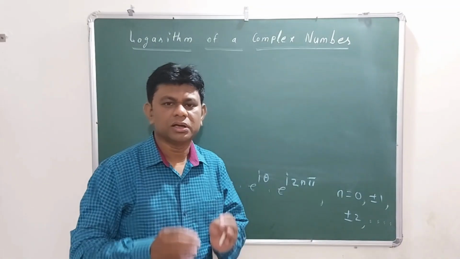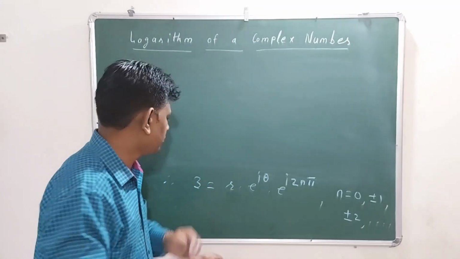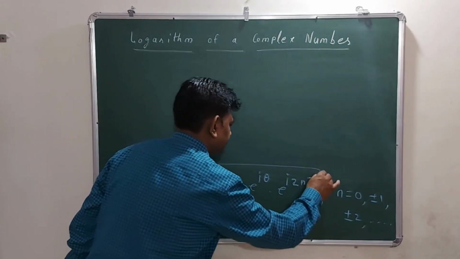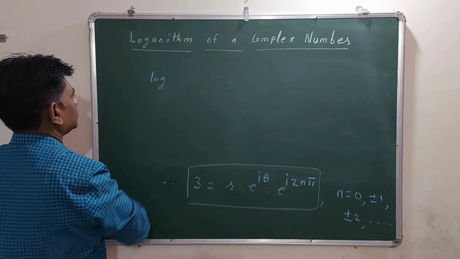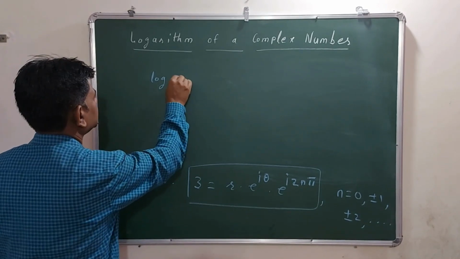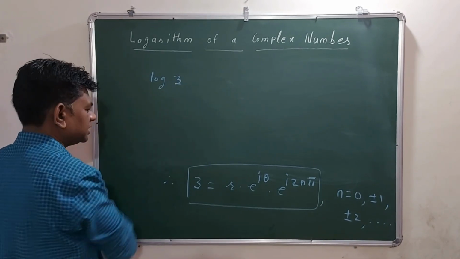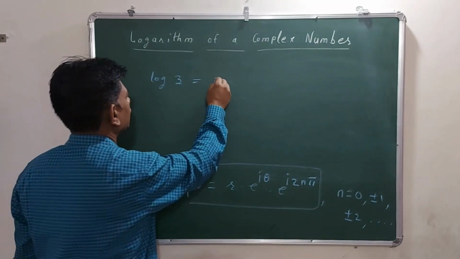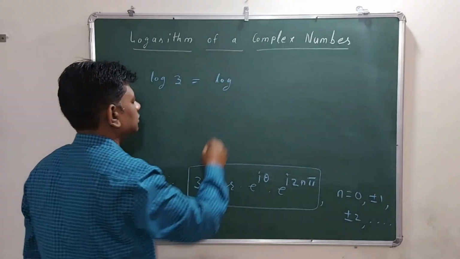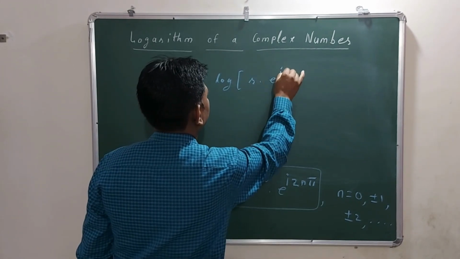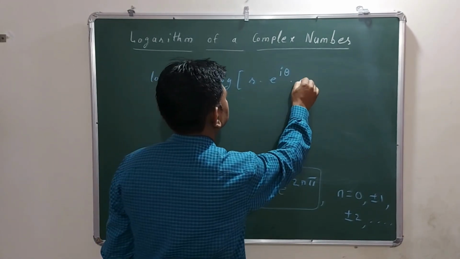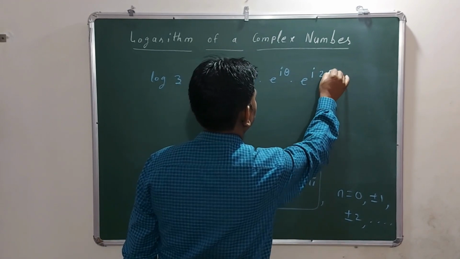Now taking natural logarithm on both sides. Therefore, natural logarithm of z, means log z to the base e, is equal to log of r times e to the power i theta times e to the power i times 2n pi.